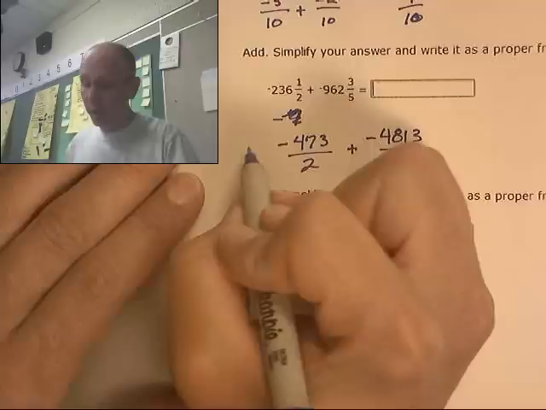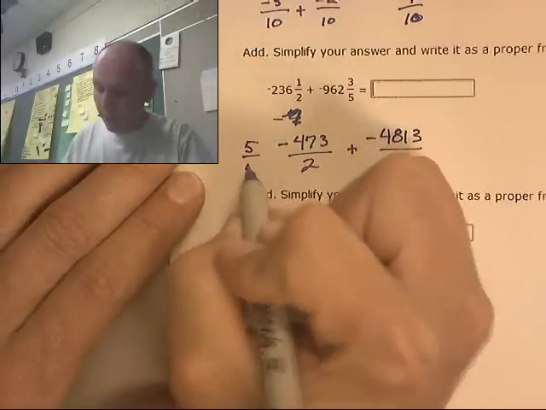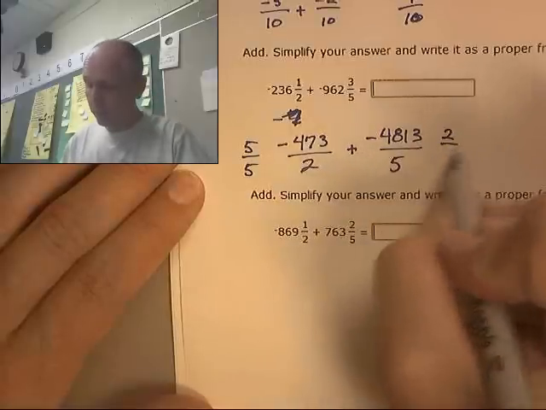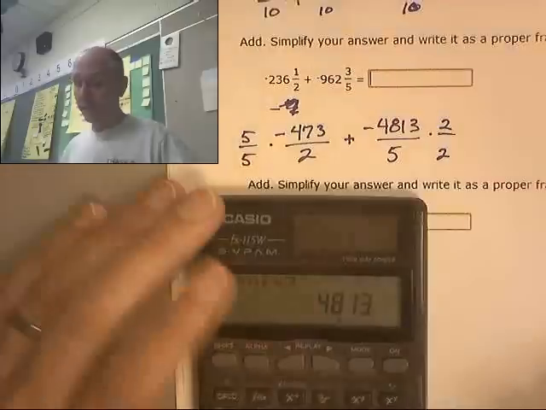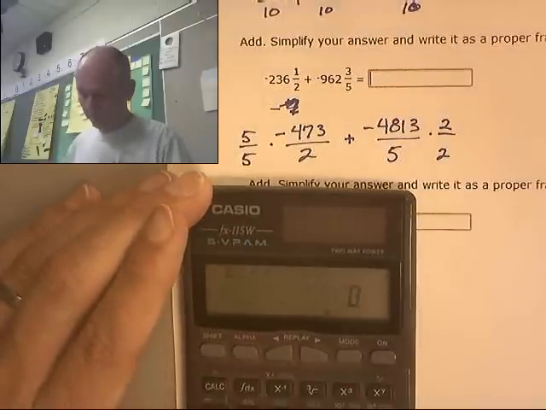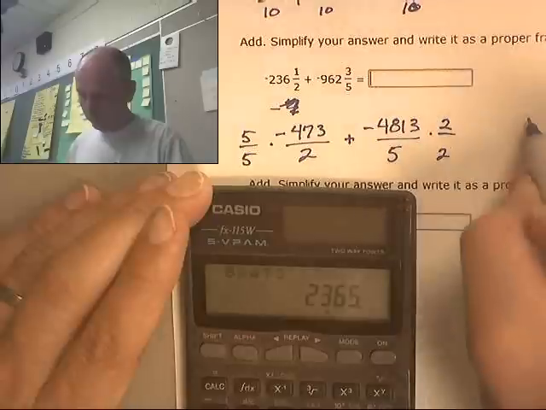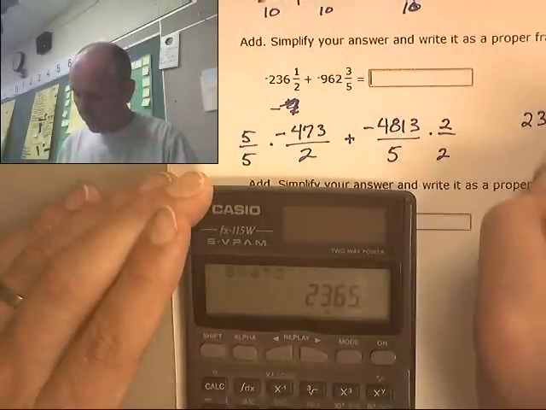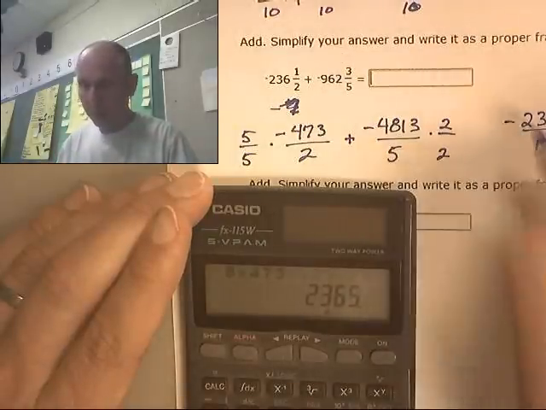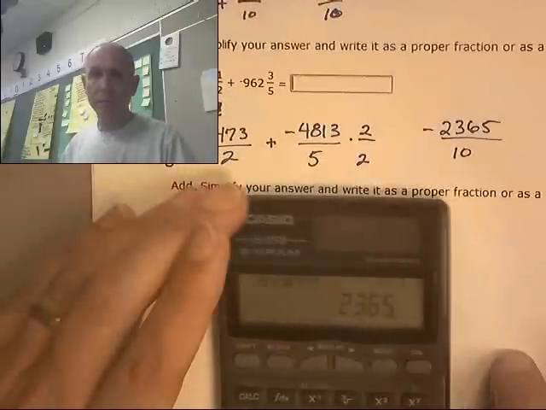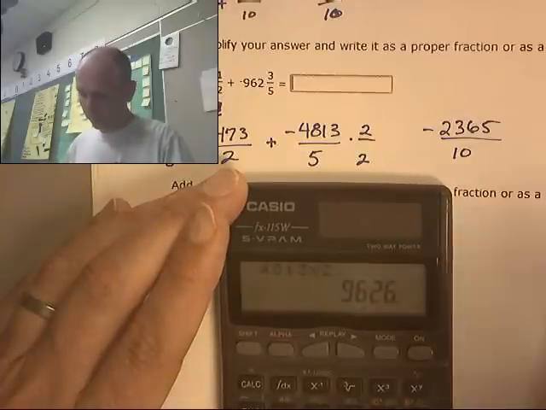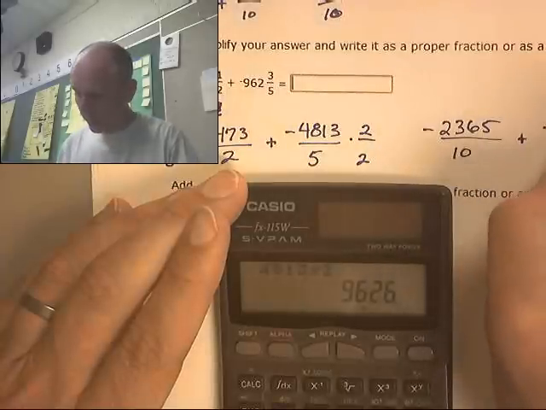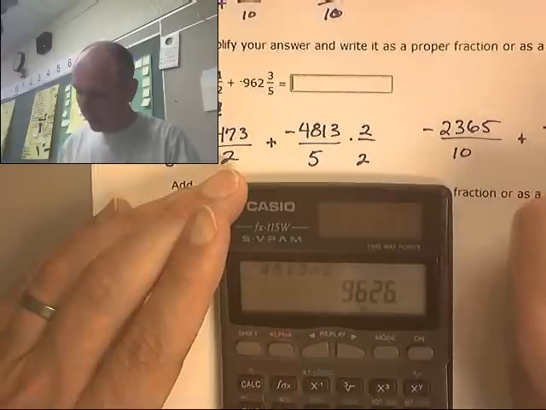Now I need to get up to my common denominator. I'm going to do that by multiplying this by 5 over 5. There's a fancy 1. And 2 over 2, also a fancy 1. Going back to the calculator here, negative 2,365 tenths plus negative 9,626 tenths.